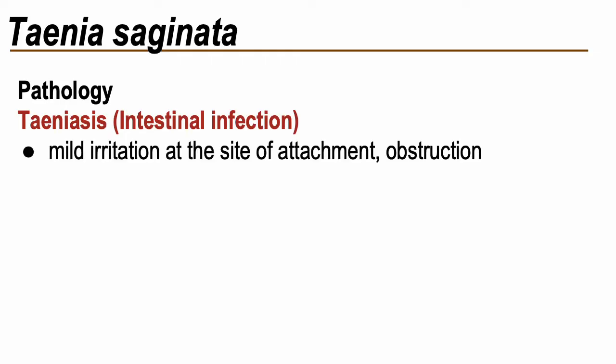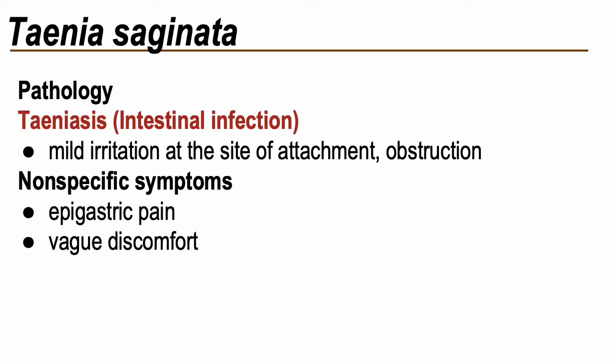This is characterized by mild irritation at the site of attachment, especially in the small intestine, or in chronic cases, obstruction of the intestines may manifest. Non-specific symptoms may include the following signs and symptoms.